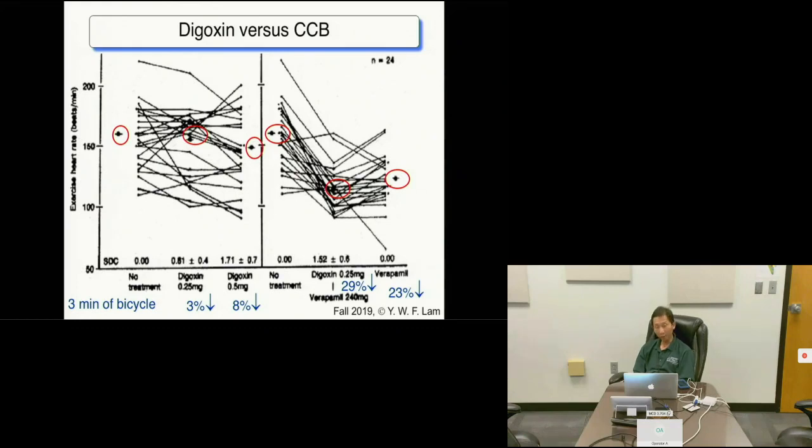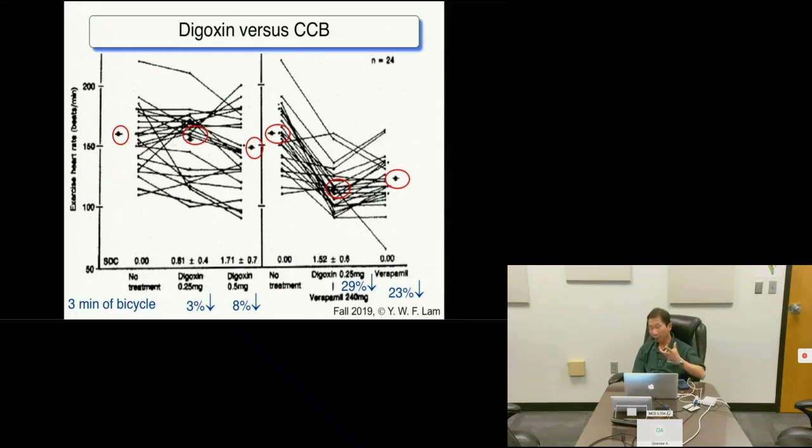Going through the same type of protocol, with digoxin 0.25 milligram, now you're looking at a significantly lower response of about 3% reduction in the heart rate. Doubling the dose reduced the heart rate by about 8%. And if you look at the other part, when you combine digoxin with verapamil, now you're seeing the same type of effective response, 29% and 23% reduction in the ventricular response rate.